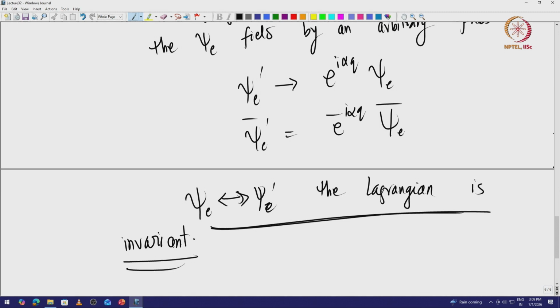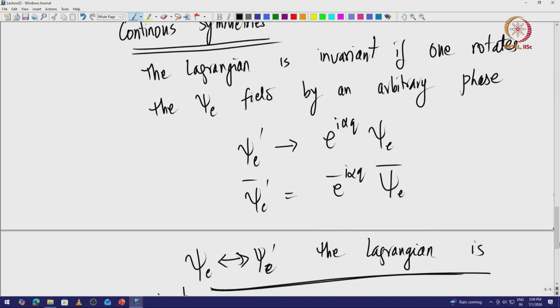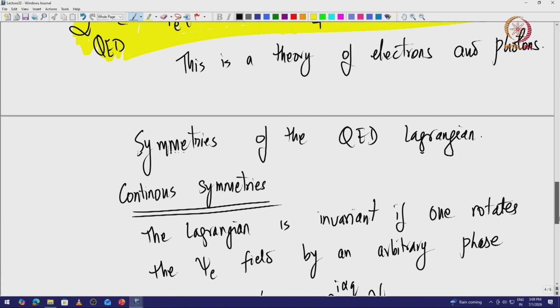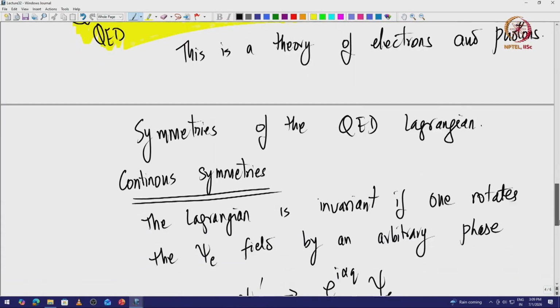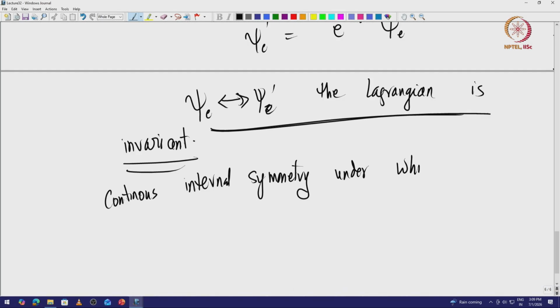Or you can do the other way around, you can get what is psi E from psi E prime, and the Lagrangian is invariant. So, it means that there is a continuous symmetry, a continuous internal symmetry, under which the Lagrangian is invariant.